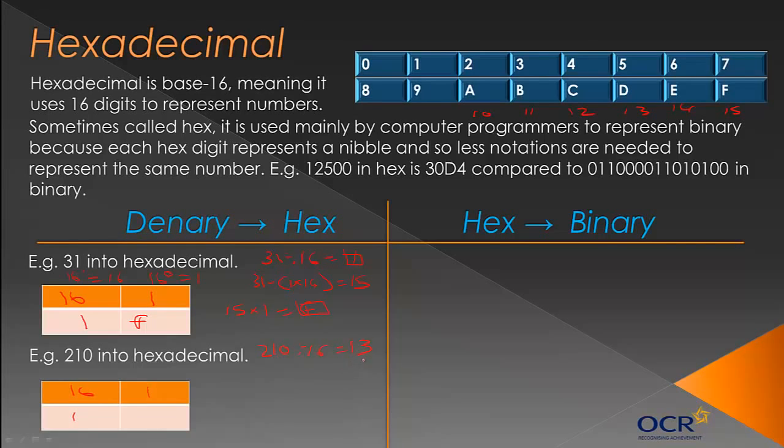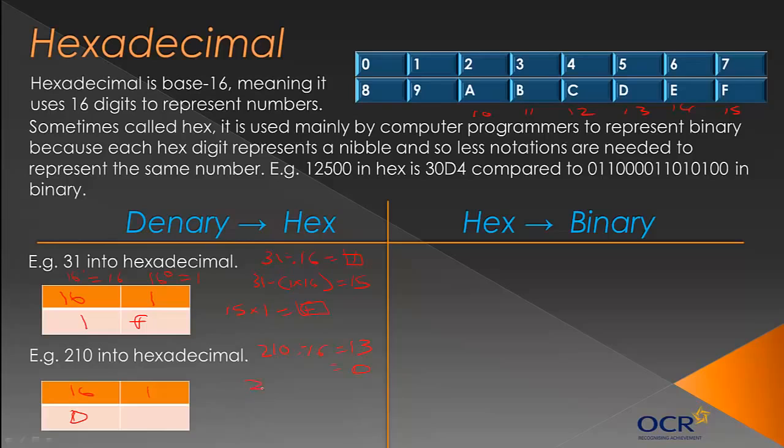We've got to be careful again. And 13, as we mentioned, in hexadecimal is represented by D. So instead of writing 13, you write D. And then we've got to work out the remainder.